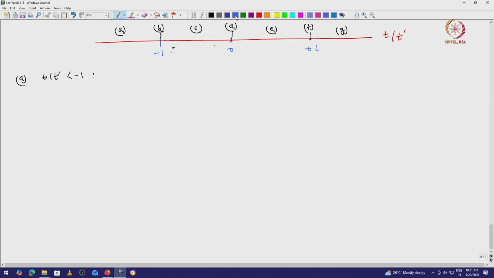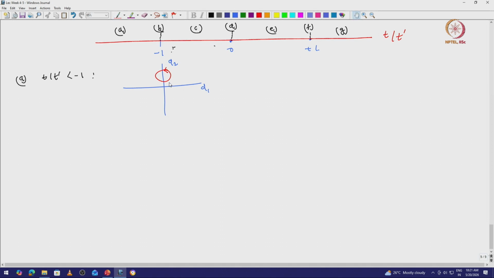In this case d1 does not change sign. So, you will have a loop that will go like this somewhere, right, it does not change sign. D1 changes sign, but D2 does not change sign.